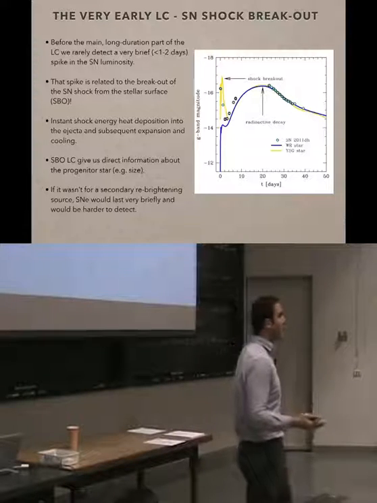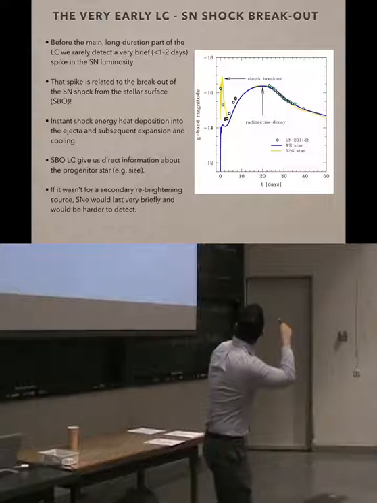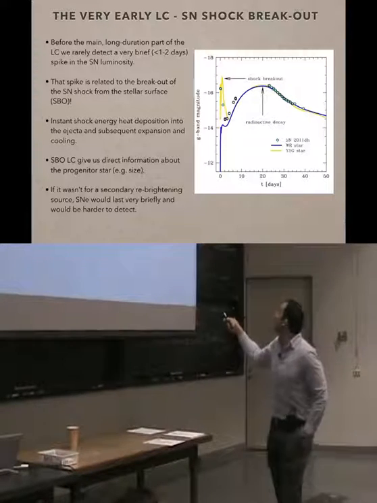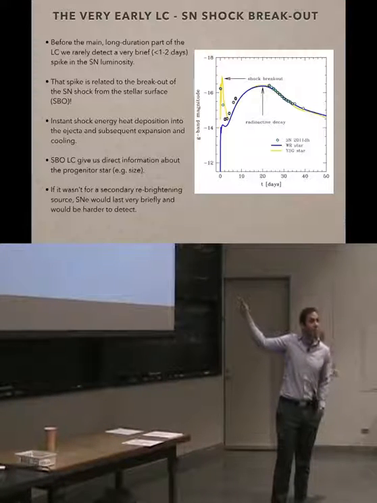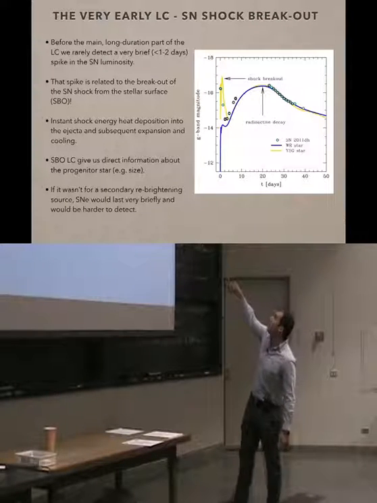That initial spike declines, and then we start seeing the rest of the light, the brightening to the peak and then the decline. We see a lot of these features when we catch supernovae, especially type 2 core collapse supernovae, at these very, very early stages.